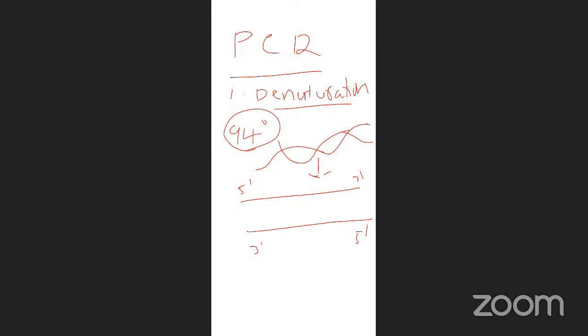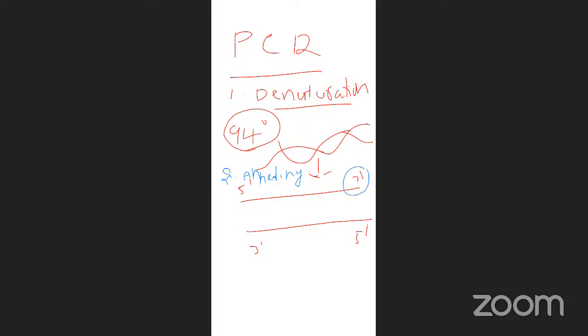Now the second step, annealing. Denaturation completed. After separation of DNA, the DNA should be attached with the complementary primers at the 3-hydroxy end, the 3' end at the site of the hydroxy OH group.